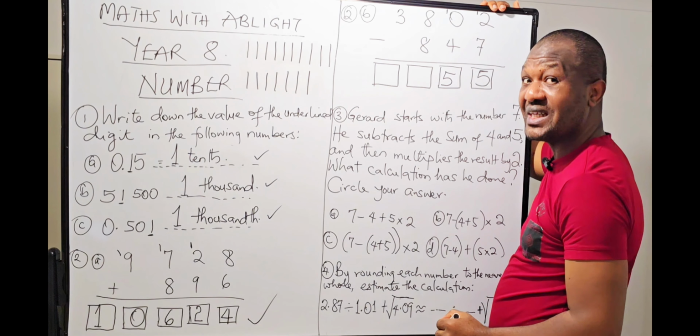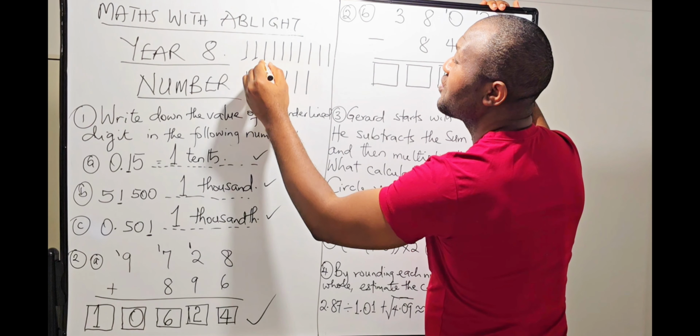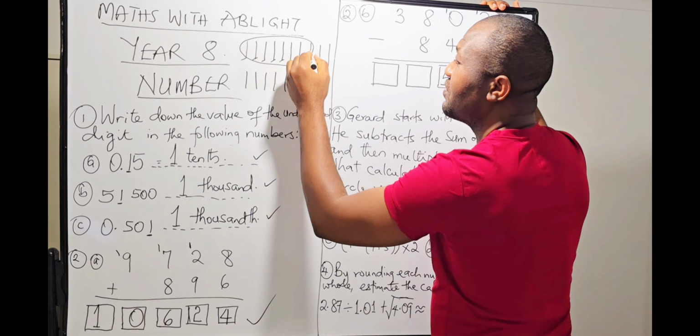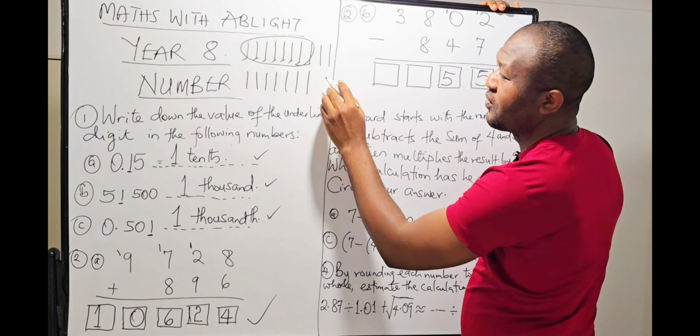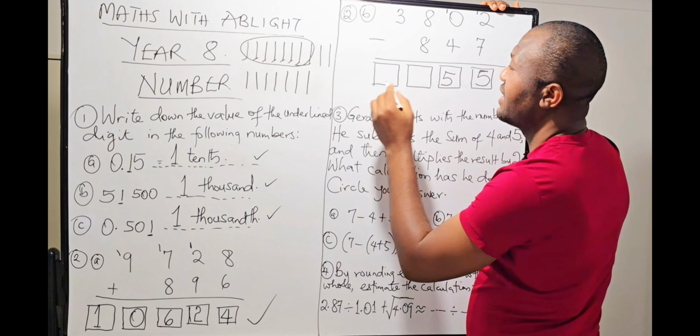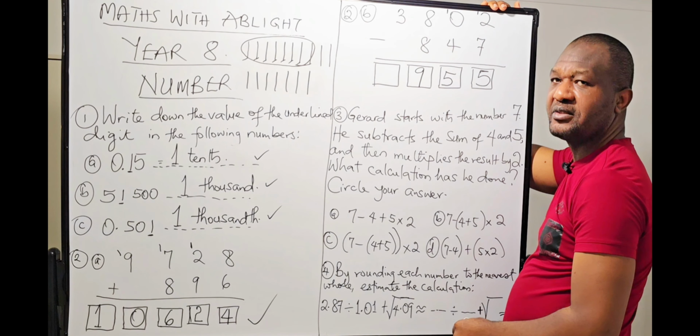We want to minus 8 from it. So take away 8. You have 1, 2, 3, 4, 5, 6, 7, 8. Remove all of these 8. You are left with what? 1, 2, 3, 4, 5, 6, 7, 8, 9. 17 minus 8 will give you 9.